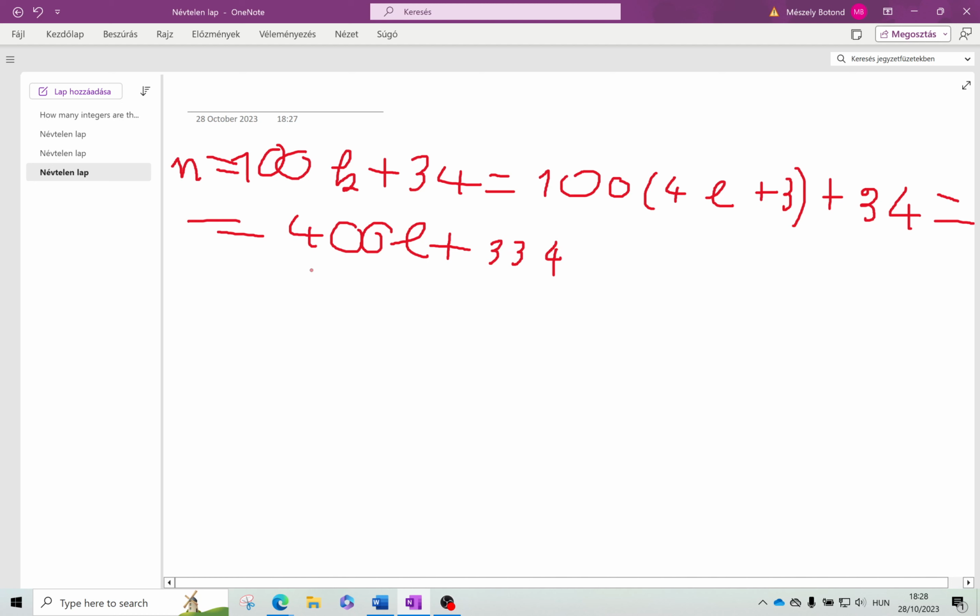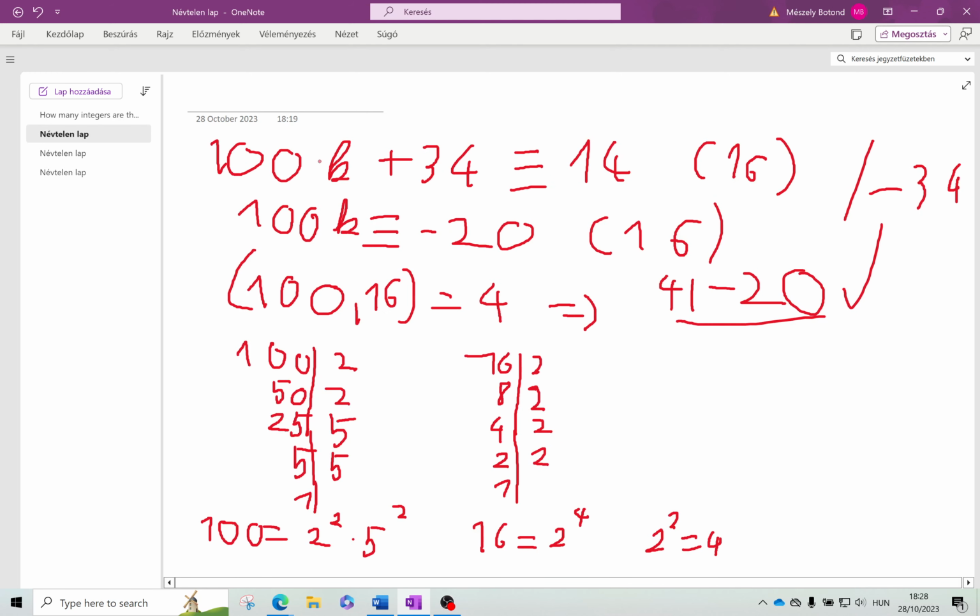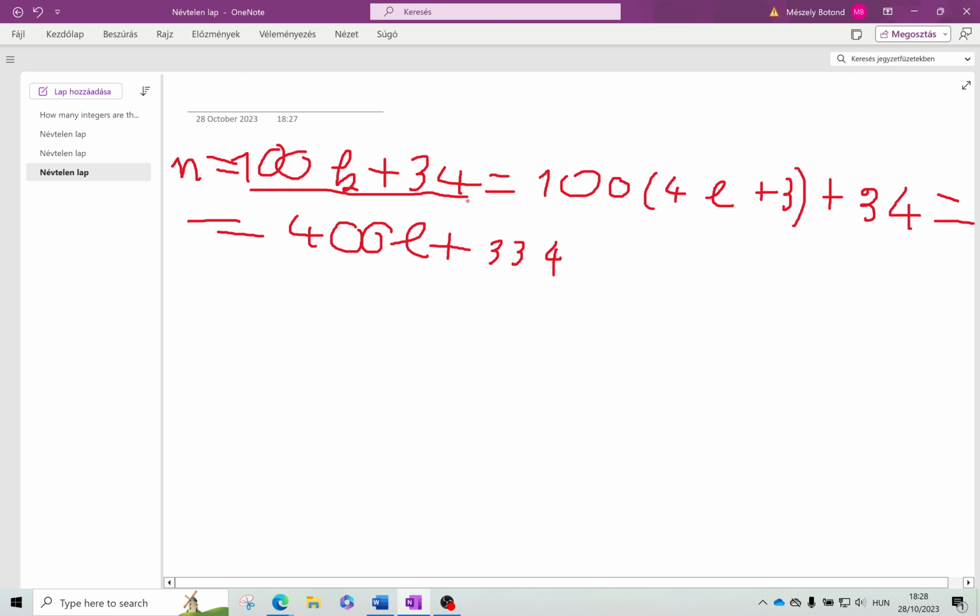Basically, this is an equation for every number whose last two digits are 34, and which ends in A in hexadecimal. Why is that? Because we obviously have this equation. This makes sure that the last number is always 34, and we have this equation which makes sure that it's A in hexadecimal.